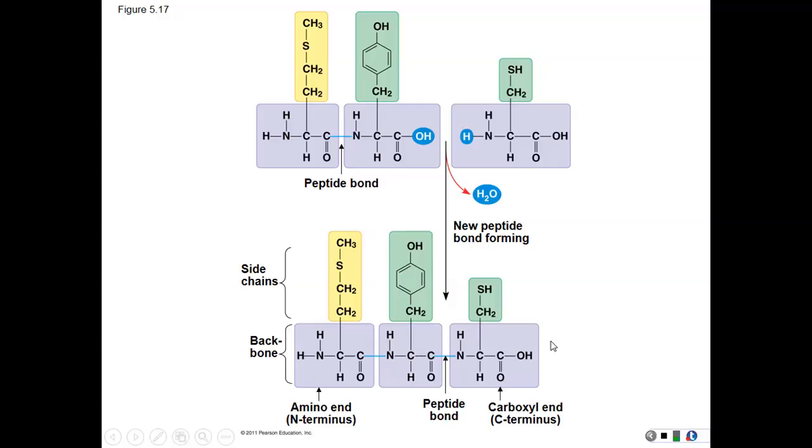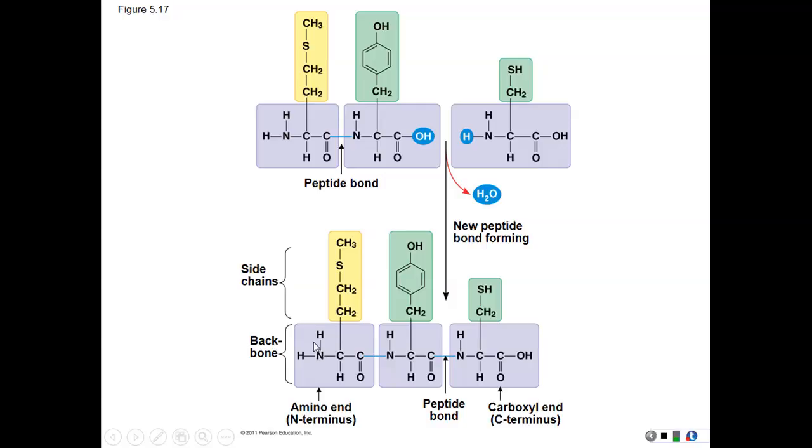Same old story. So the bond between the carboxylic acid of one amino acid and the amino group of the next amino acid in the chain is a peptide bond. And here's a bit of trivia for you. When you're making a protein, if you look at the chemical structure, notice that the amino acid at one end of the molecule is still going to have an unengaged, sort of naked amino group.